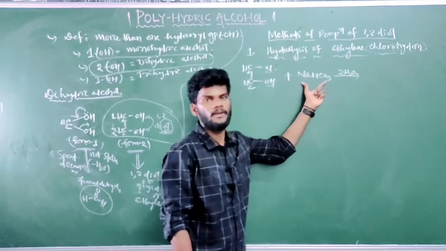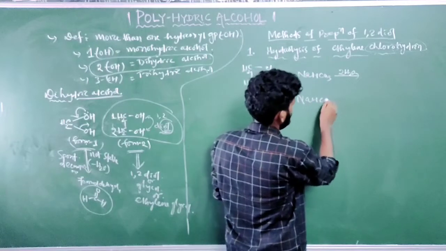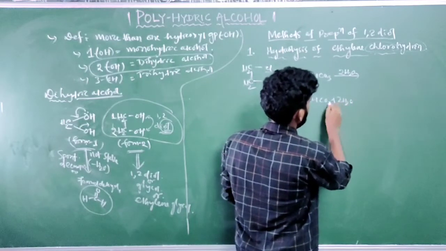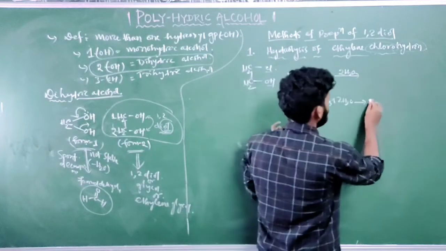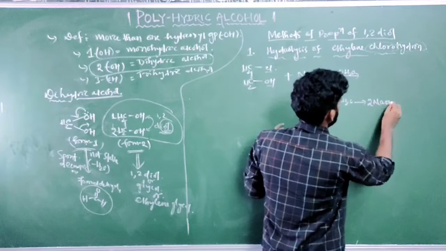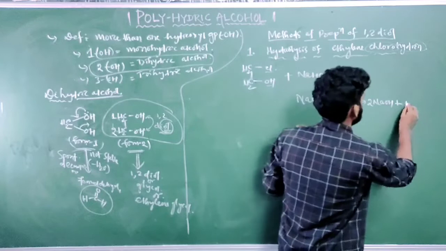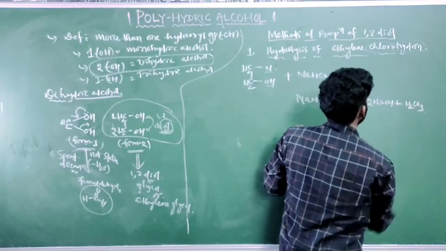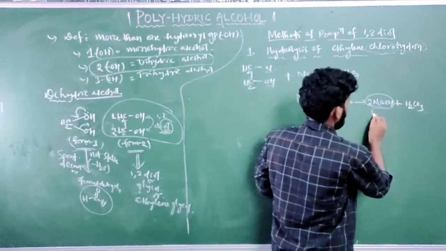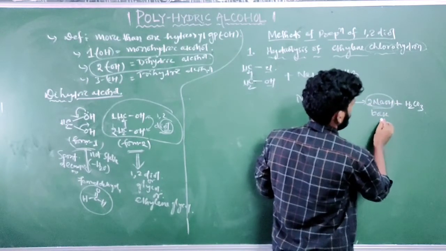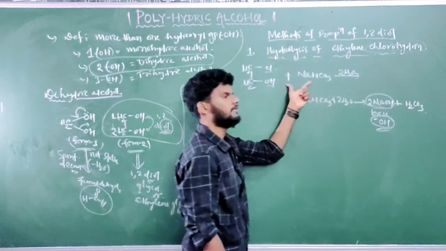When sodium bicarbonate is mixed with 2 moles of water, NaCO3 plus 2 moles of water will form 2 moles of sodium hydroxide plus H2CO3. This sodium hydroxide, NaOH, behaves as a strong base. We can write it as OH minus, so it behaves as a nucleophile in this reaction.